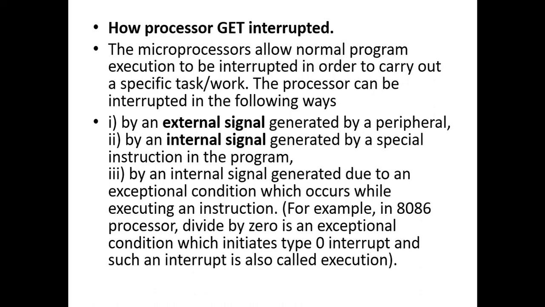Third, by an internal signal generated due to an exceptional condition which occurs while executing an instruction. For example, while executing a division operation, divide by 0 is an exceptional condition, so that will invoke a type 0 interrupt.